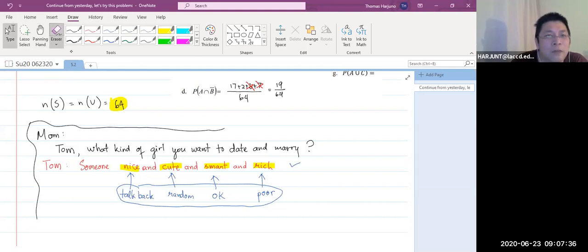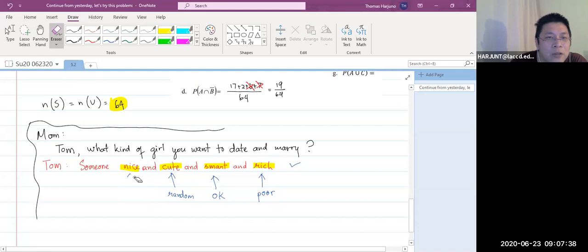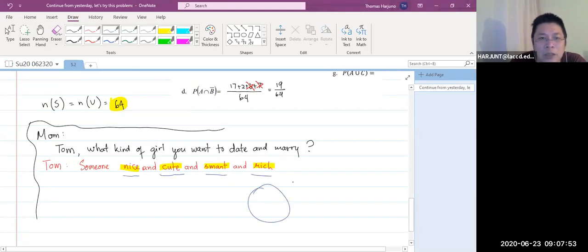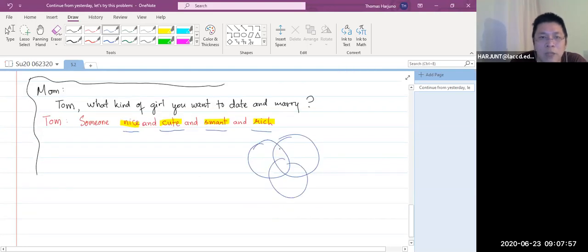So you see, it turns out that I had a very, very hard time dating anybody. Why? Because I have too many restrictions, right? Now, I'm not saying there's no such girl who is nice, cute, smart, and rich, but because I have so many requirements, that person has to be nice, has to be cute, has to be smart. Even with these first three requirements, I already have a very small set, right?